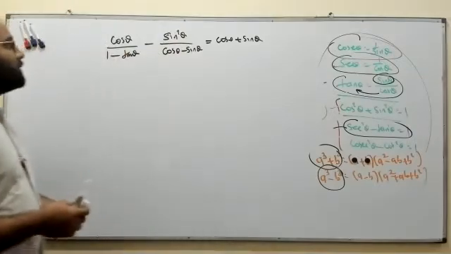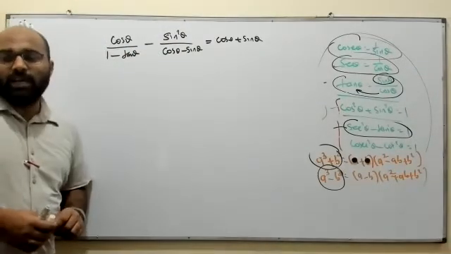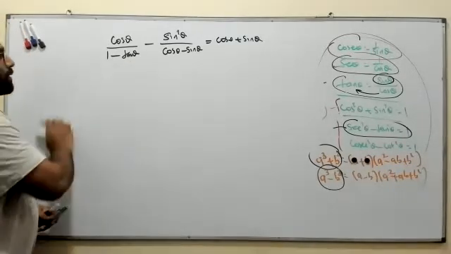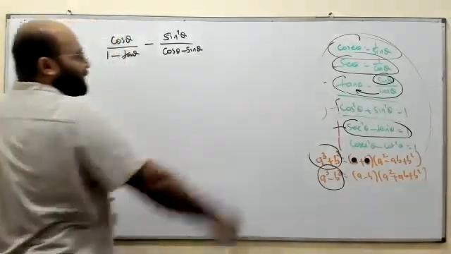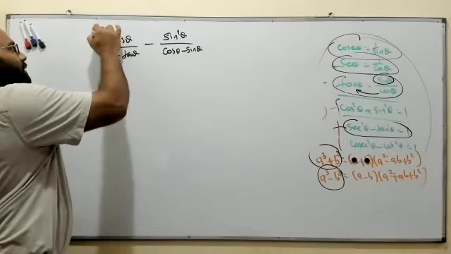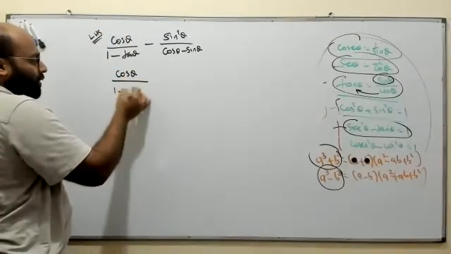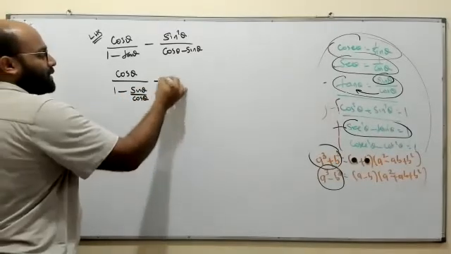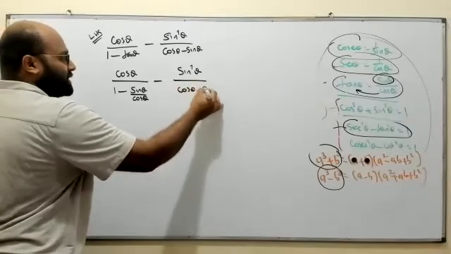So if you're checking here, nothing is common. But we can convert in terms of sine and cos because tan theta is there. So just see, all of you. LHS, please rewrite. I'm not checking what is RHS, that will automatically come. Just observe. Cos theta by 1 minus sine theta by cos theta, minus sine square theta by cos theta minus sine theta.